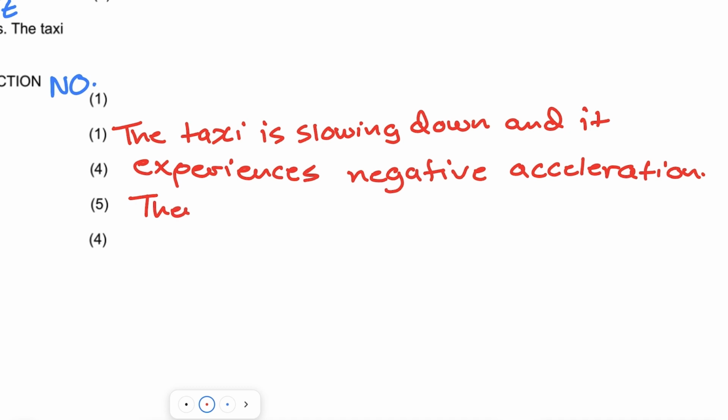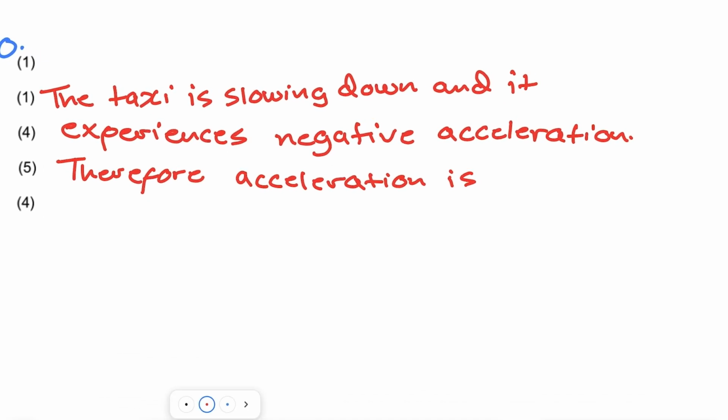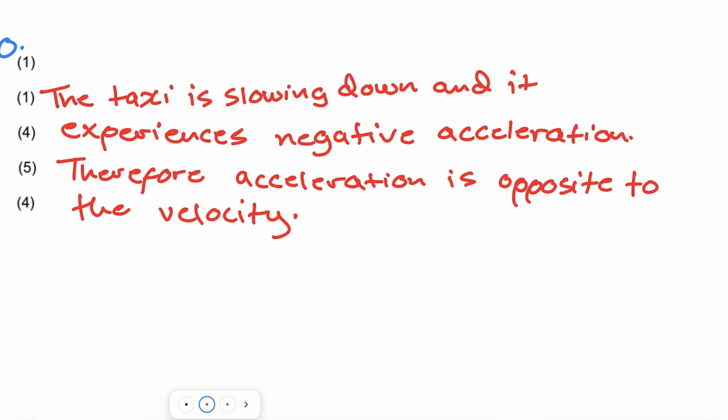Therefore, acceleration is opposite to the velocity. That's our reason. The reason is that the taxi is slowing down and it experiences negative acceleration. Therefore, acceleration is opposite to the velocity.